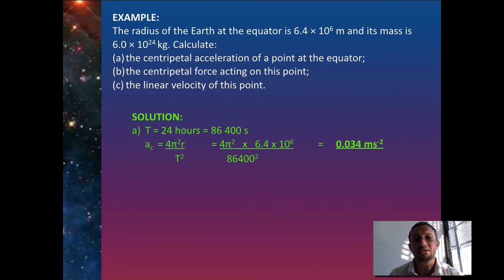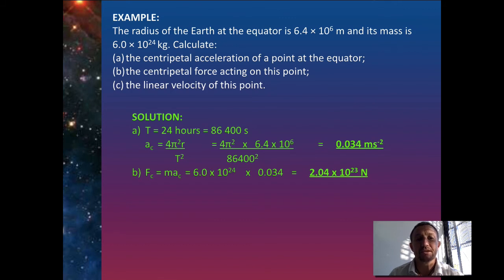I can now add this to my m v squared over r formula to find the centripetal force at this point. Now really all I have to do is multiply this by its mass. So its mass is 6 times 10 to the 24 times 0.034 equals 2.04 times 10 to the 23 newtons.